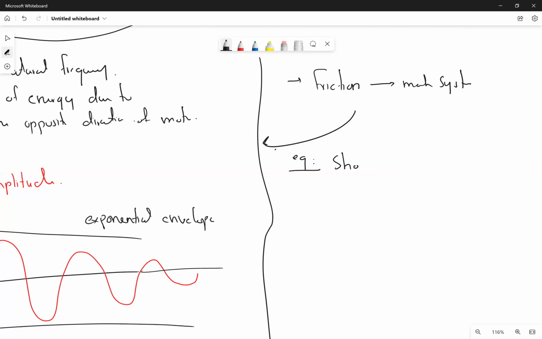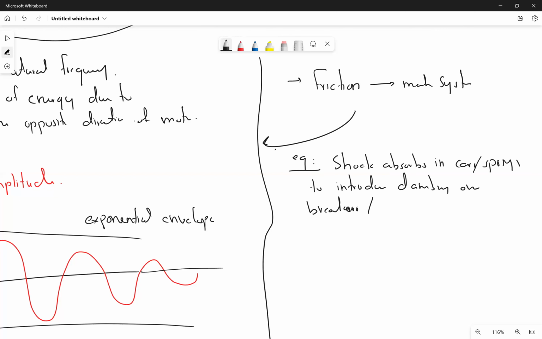So one of the examples of damping in real life is shock absorbers in cars, in car springs basically, to introduce damping over speed breakers and jumps. So this is an application.